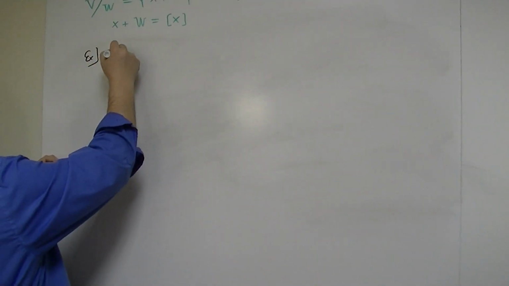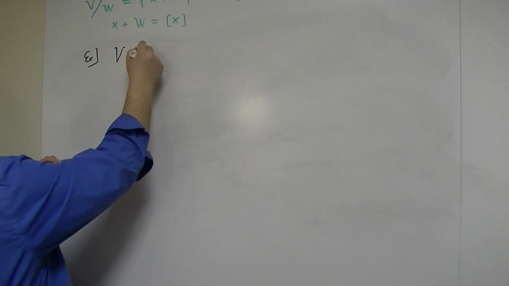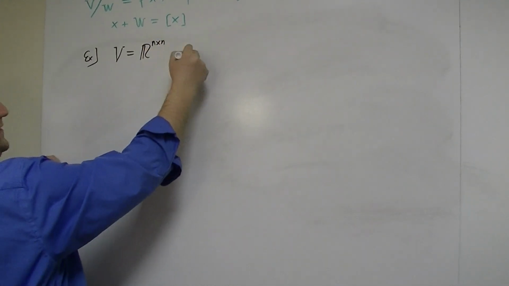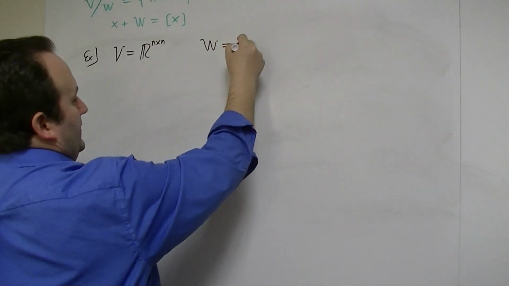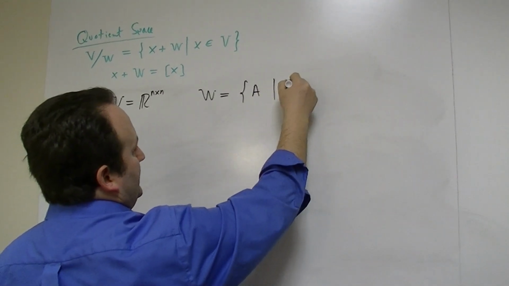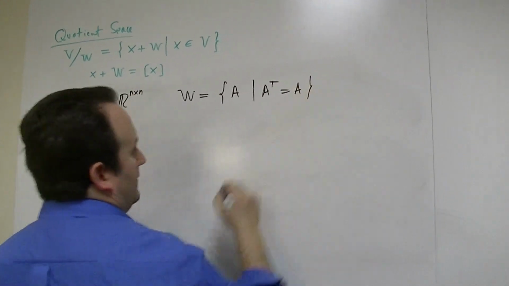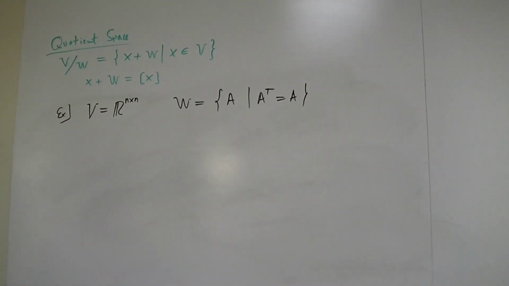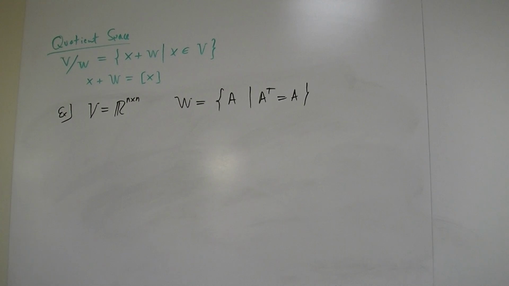You could look at V equal to R n by n, and let W equal symmetric matrices, so A such that A transpose is equal to A. This would give you another kind of quotient space.